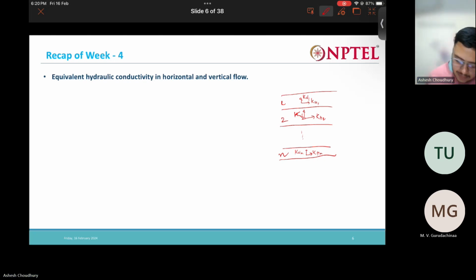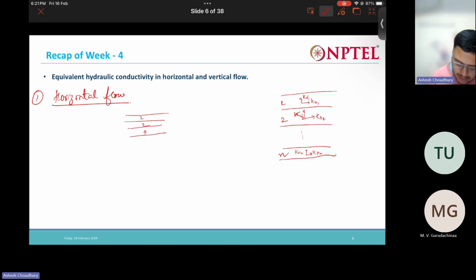Now the first case is for horizontal flow. For horizontal flow, you can imagine this as if you have some pipes. This is pipe number one, then pipe number two, pipe number three, then n total pipes.